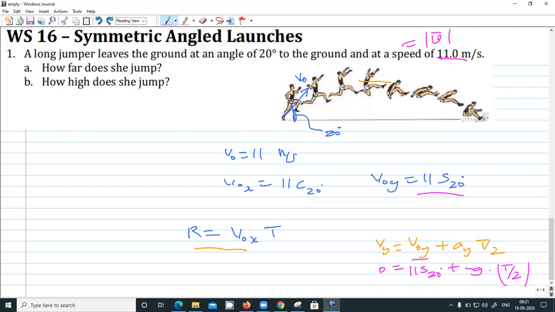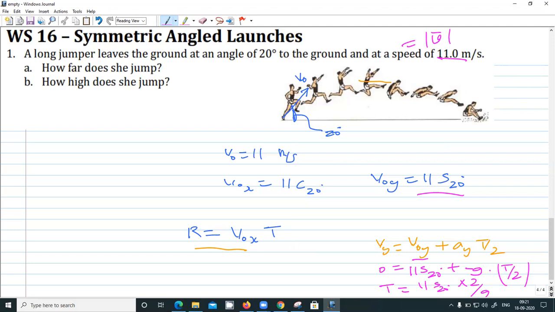Okay. So from this I can find capital T. So 3.76 plus, so 13.5.